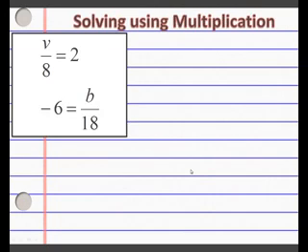And our last set of practice problems are going to involve multiplication. So now our problems are beginning to look like fractions. They have the variable v over 8, or v divided by 8, equals 2.